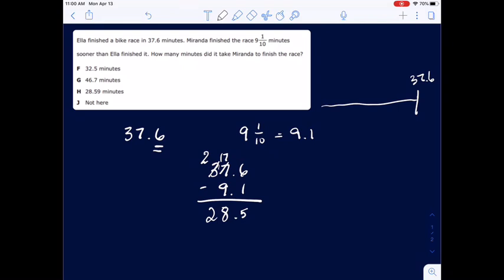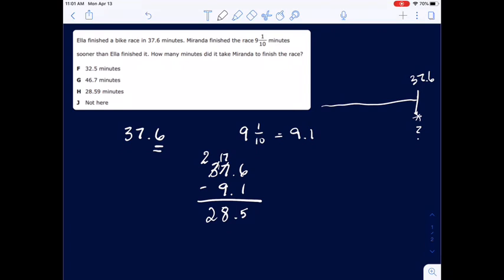That's the time. Miranda finished sooner than Ella. So Miranda got to this finish line before Ella did. So Miranda's time has to be lower. It has to be before Ella's time. So can Miranda's time be 46 minutes if she finished sooner or before Ella? No, it can't be. So it can't be G.